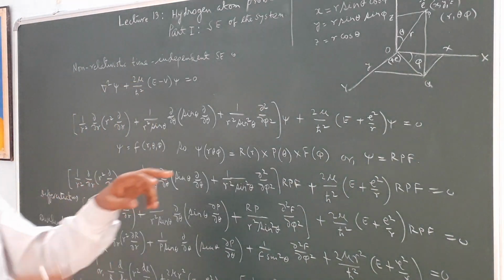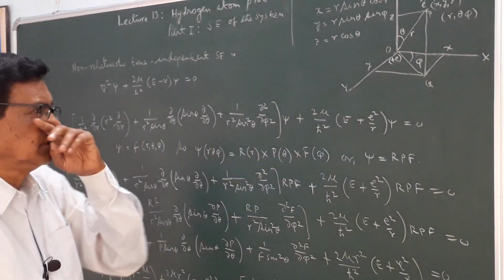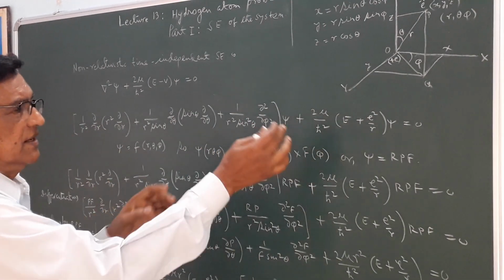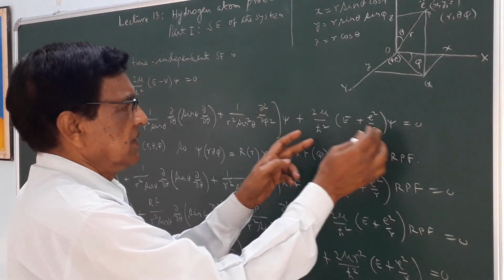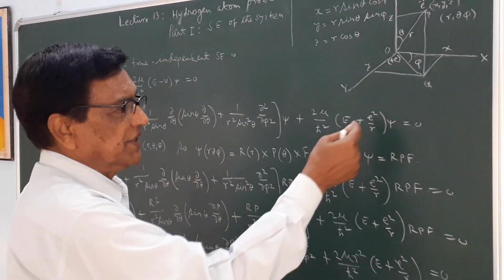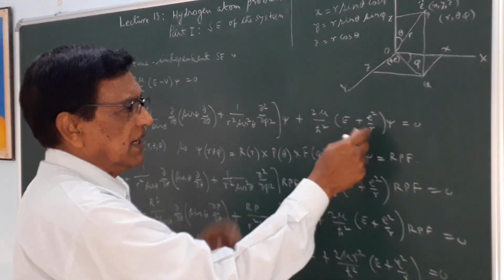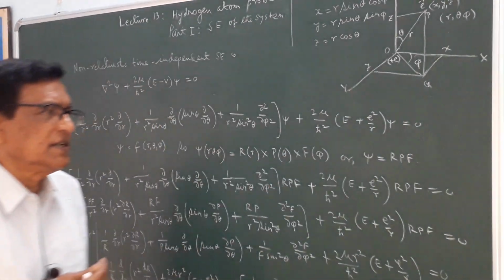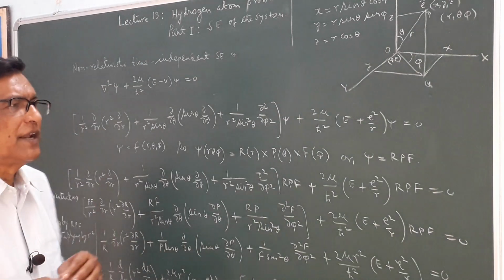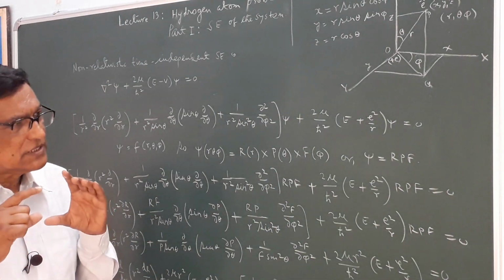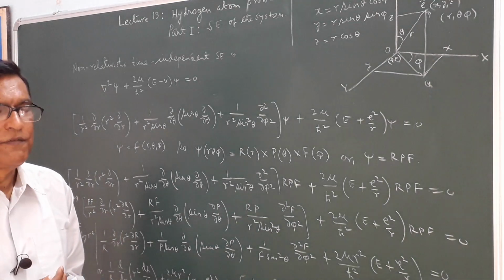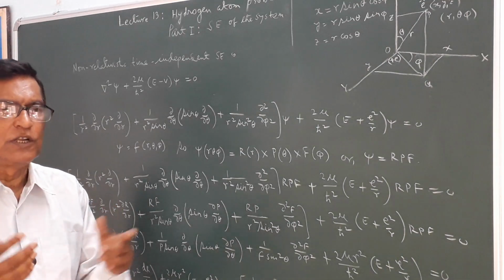Here this one is del square psi, and this one remains the same. Instead of V, we shall write minus e square by r, times psi, equal to 0. Psi is the wave function of this electron in the hydrogen atom, and it plays a very important role in the construction of molecular orbitals.